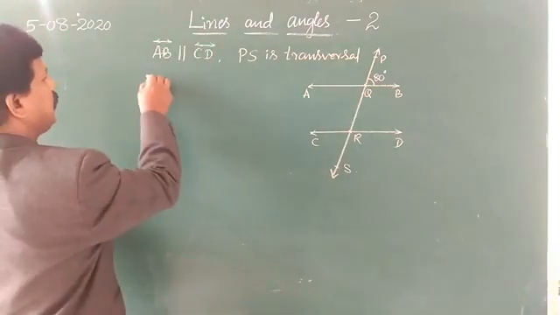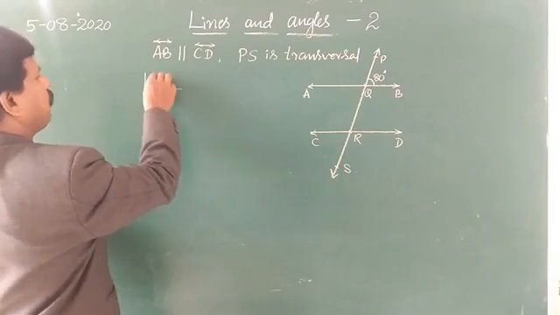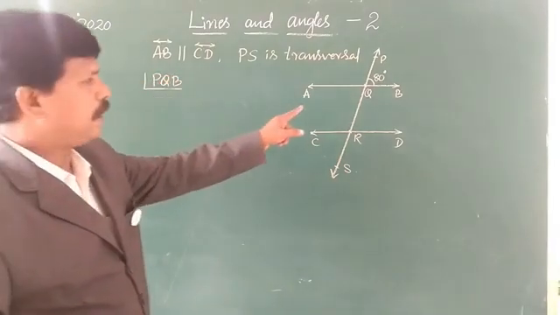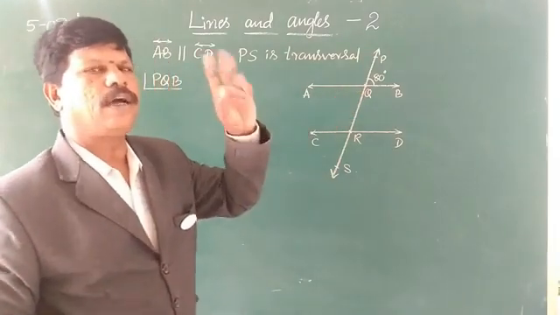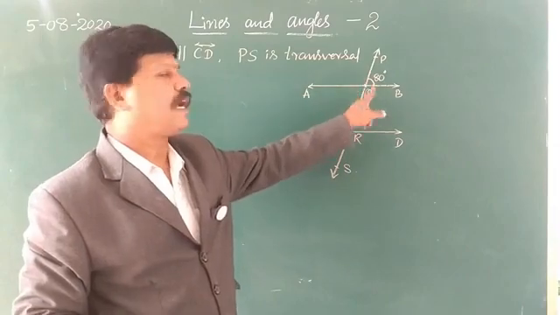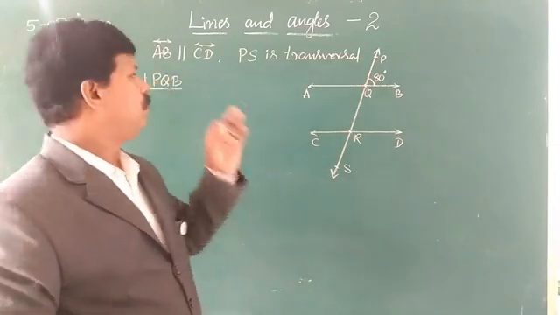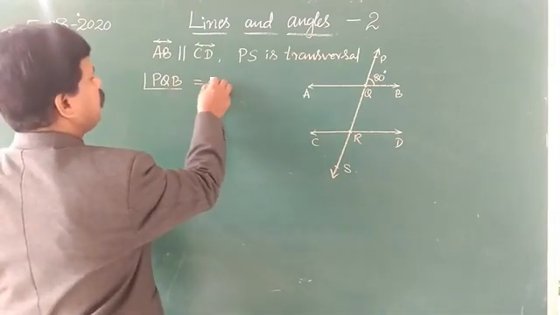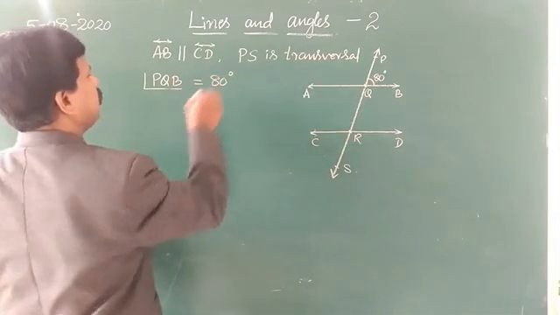Then if angle PQB, look at that, there is Q, we cannot take angle Q equals 80 degrees because at this vertex there are four angles. So a particular angle we should express in three letters. So angle PQB equals 80 degrees.